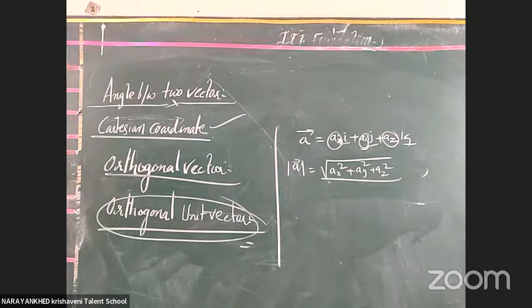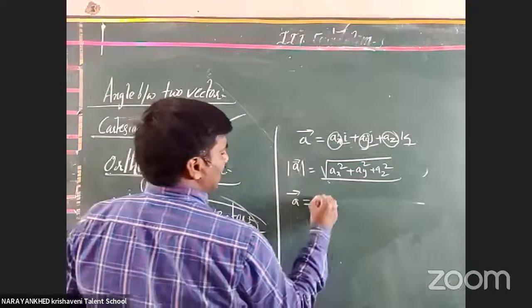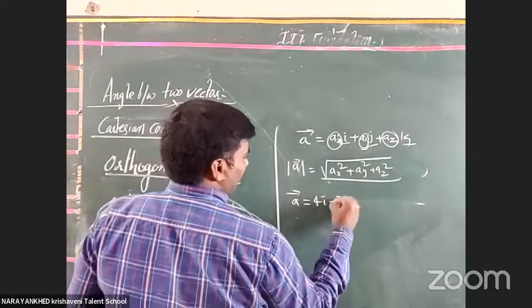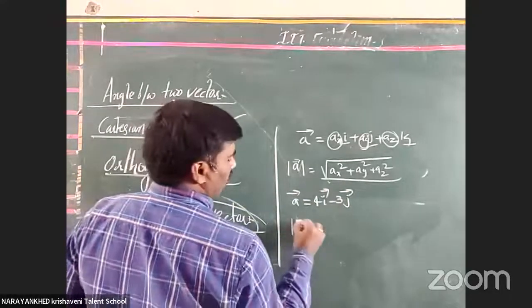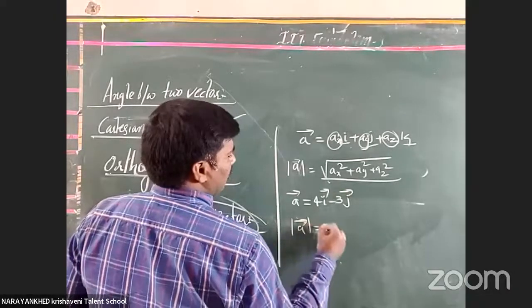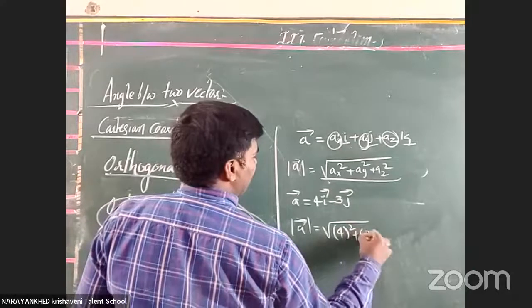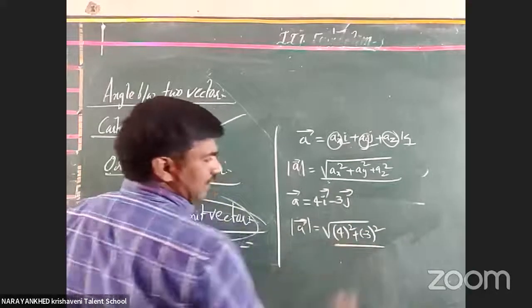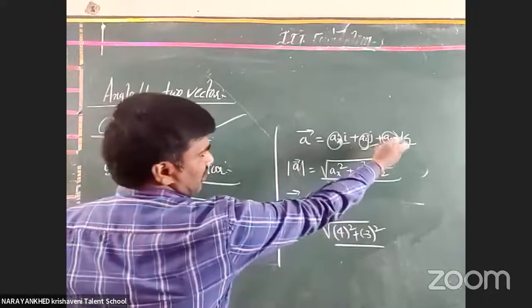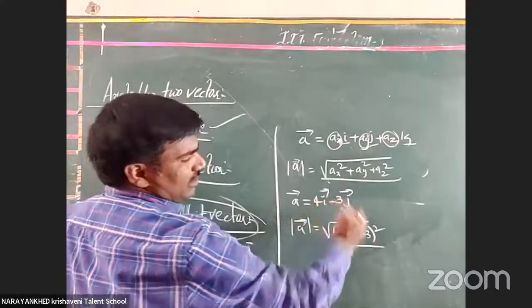Now suppose one vector a bar is equal to 4i minus 3j bar. Here mod a bar is equal to under root of 4 square plus minus 3 whole square. This becomes the modulus of the vector. There is no z component here, only the x component and the y component.